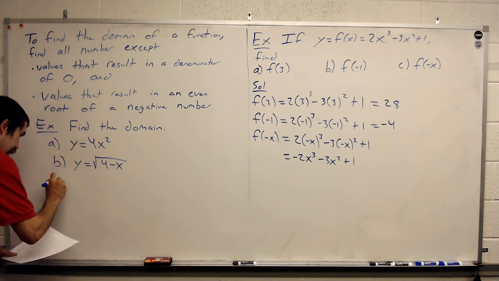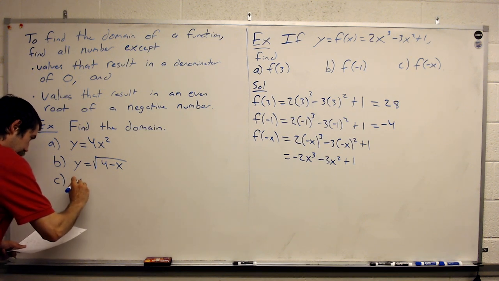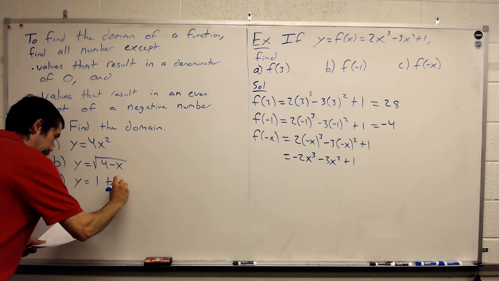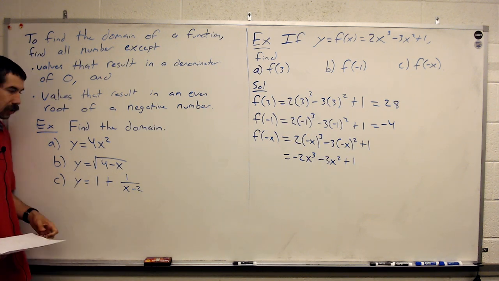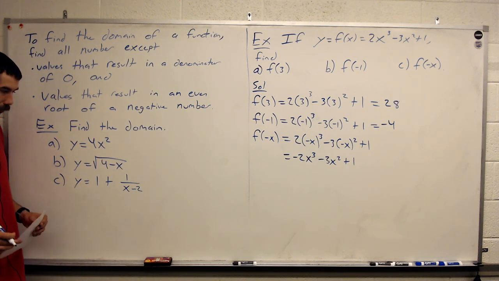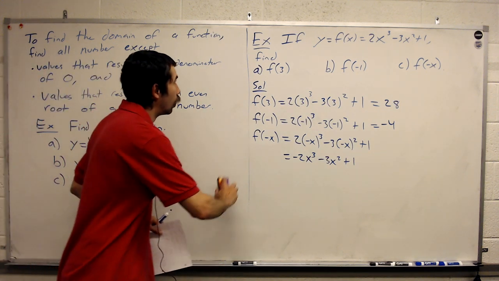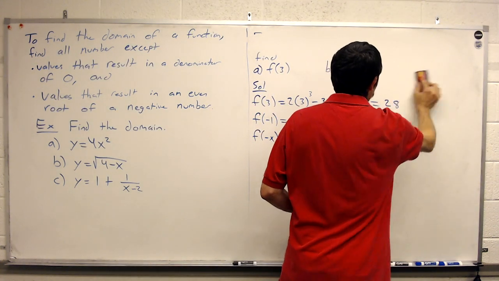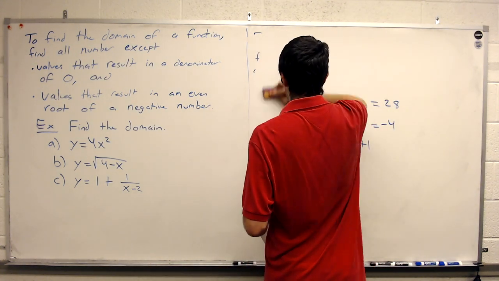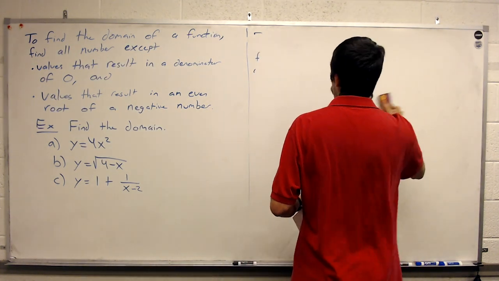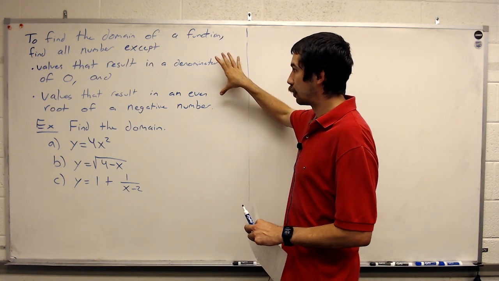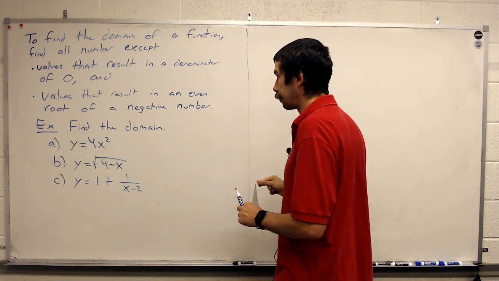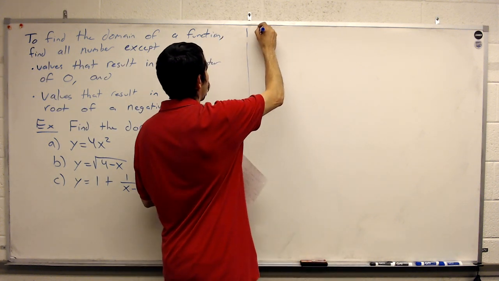And then finally, y is 1 plus 1 over x minus 2. All right, I really hope you pause the video and try this on your own. See if you could apply what we just wrote here to this problem.